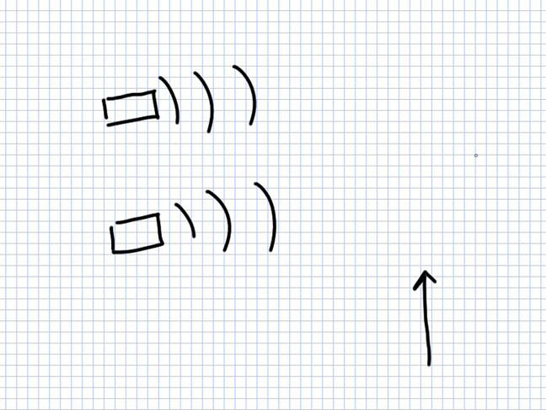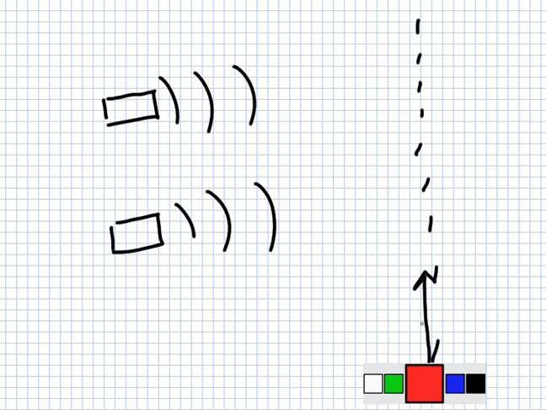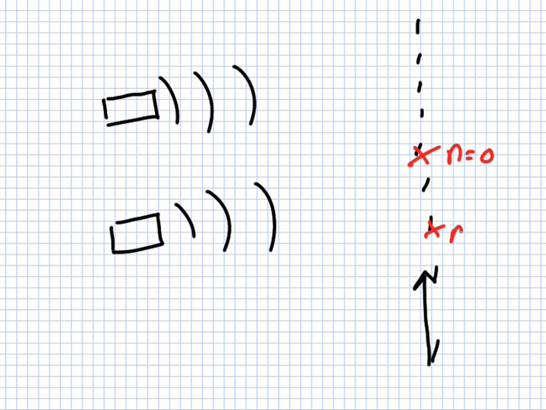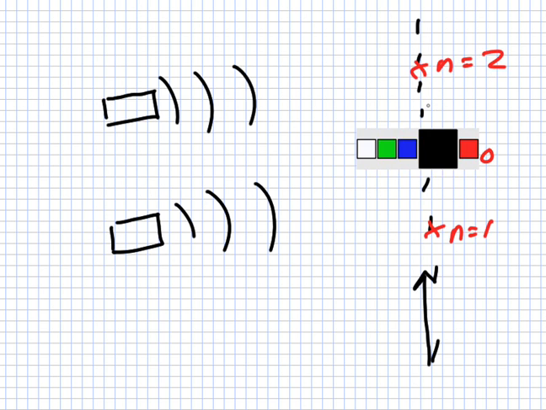What's happening is, how can I draw this? Yeah, there's some places where the music sounds the loudest. Here, at n equals 0, here at n equals 1. This is when the music is the loudest, and then like here, in between them, is when it's quieter.